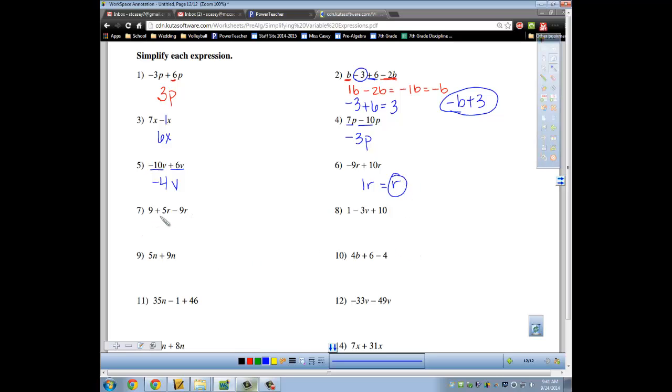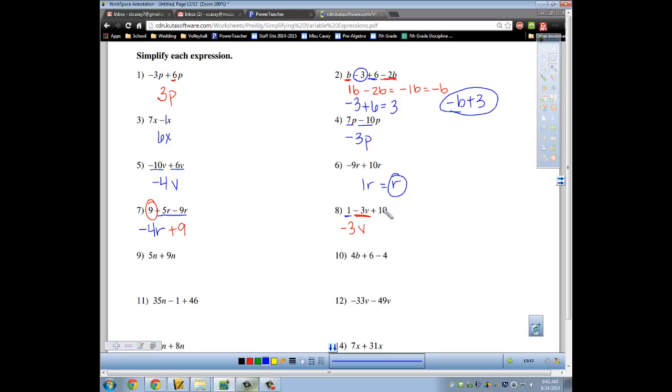7, look at just your r's first, so a positive 5r minus 9r is going to give us negative 4r. And then I have this positive 9, so positive 9. Number 8, 1 minus 3v plus 10. I only have 1v, but it's negative. So negative 3v.